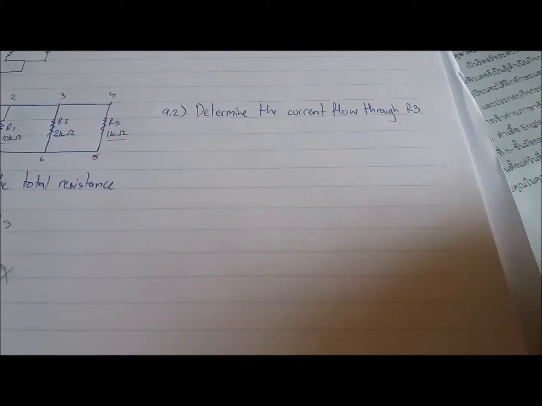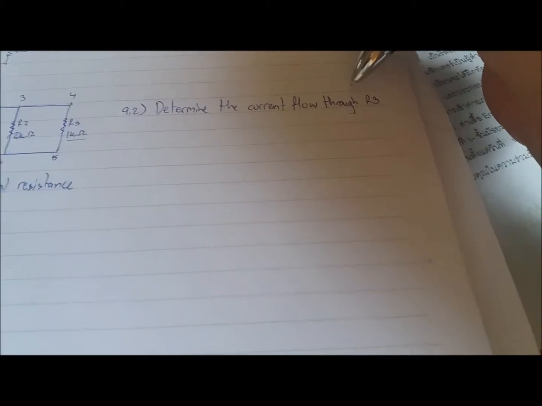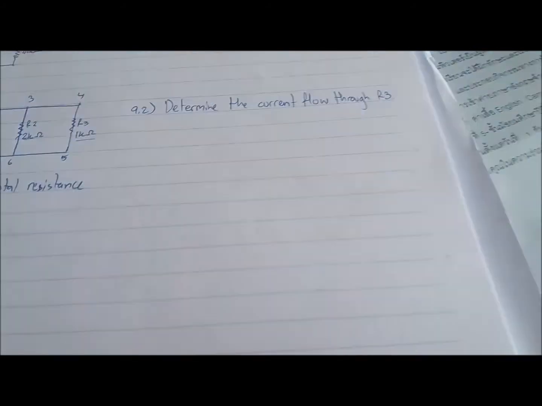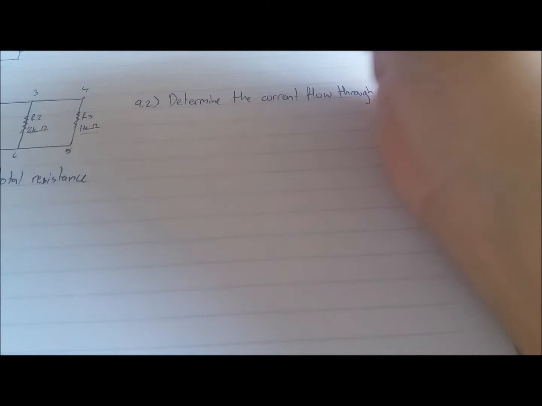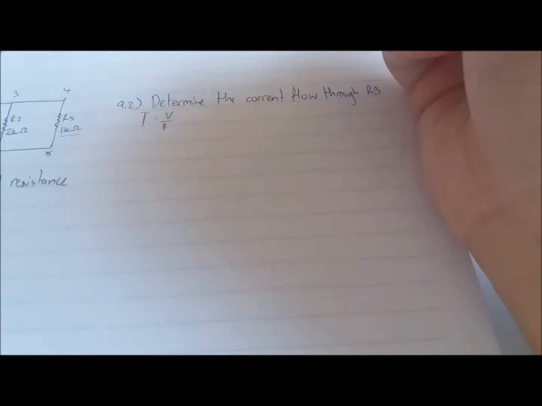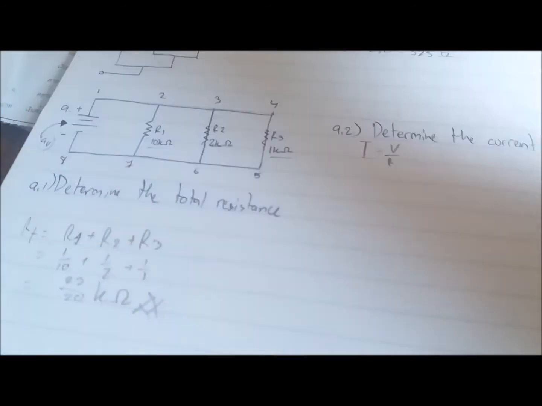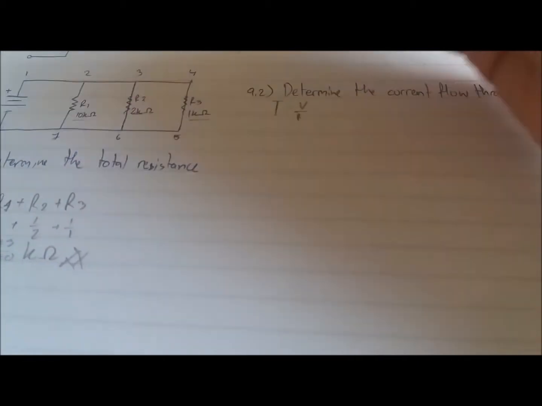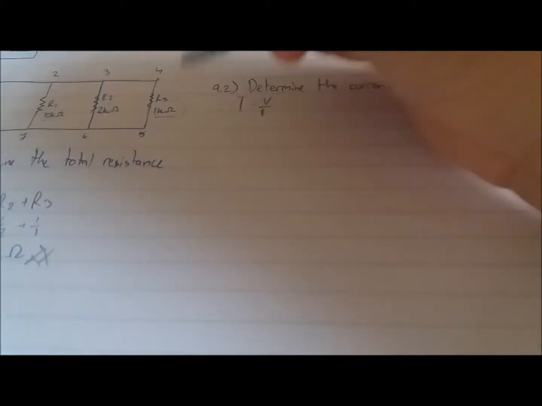As for number 2, determine the current flow through row 3. So for this question, I'm going to use the total current formula. The current equals volts divided by resistance, where the volts is actually here, 9 volts, and the resistance is 1k, or 1000.